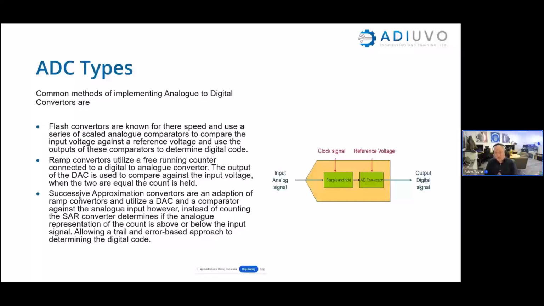We might use ramp converters, which use free running counters to compare against the input voltages until the count is determined. Or we might use quite a common approach for low speed ADCs and DACs, a successive approximation approach to do that analog to digital conversion.